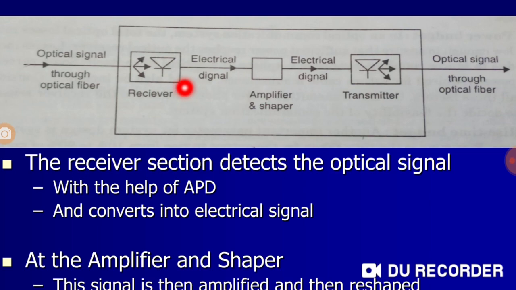We'll study through it. Actually, if you look at this, the symbol itself says that it is some kind of a photo detector that we are placing. The light is falling onto it, and we can see that it is being converted into an electrical signal here. Now this is being applied to an amplifier. The electrical signal is subjected to an amplifier and shaper, where the original shape and size is maintained, and then this electrical signal is applied to the transmitter.